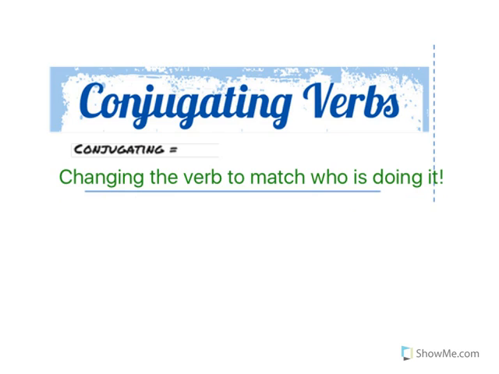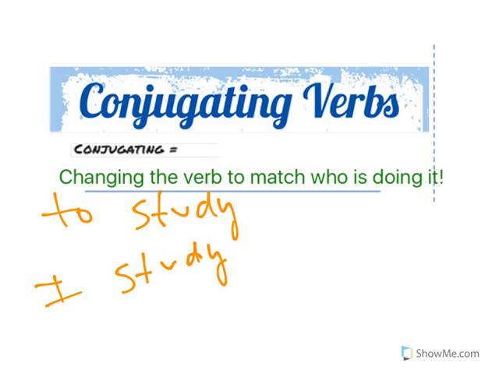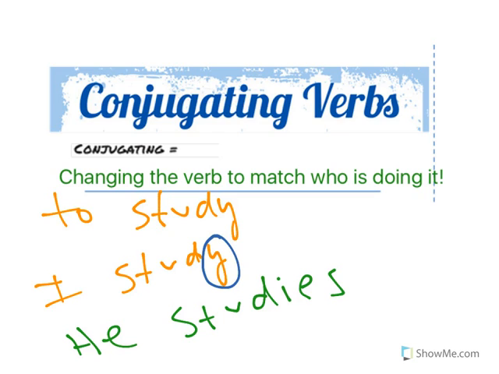Now, even in English, we do conjugating. For example, in the word to study, I'd say, I study. But if we use it with he or she, he studies. So notice that this had a Y, but then that Y suddenly changed to IES.